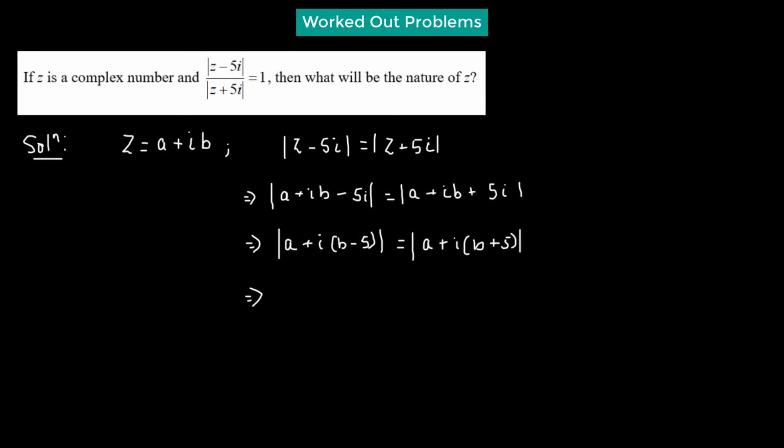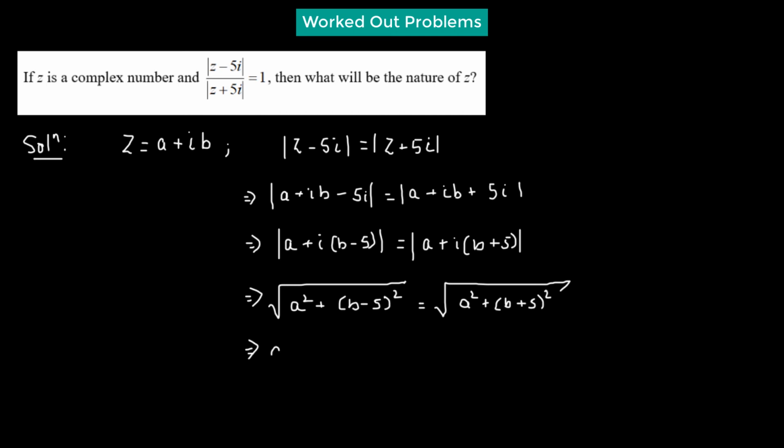So we apply the definition of a modulus, so that should give us the square root of a squared plus b minus 5 whole squared, which is equal to the square root of a squared plus b plus 5 whole squared. Now squaring both sides, we have a squared plus b minus 5 whole squared is equal to a squared plus b plus 5 whole squared.